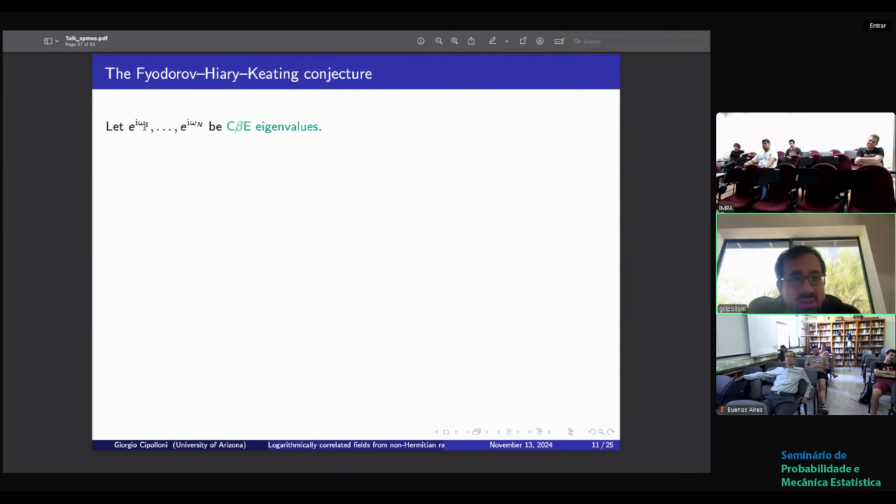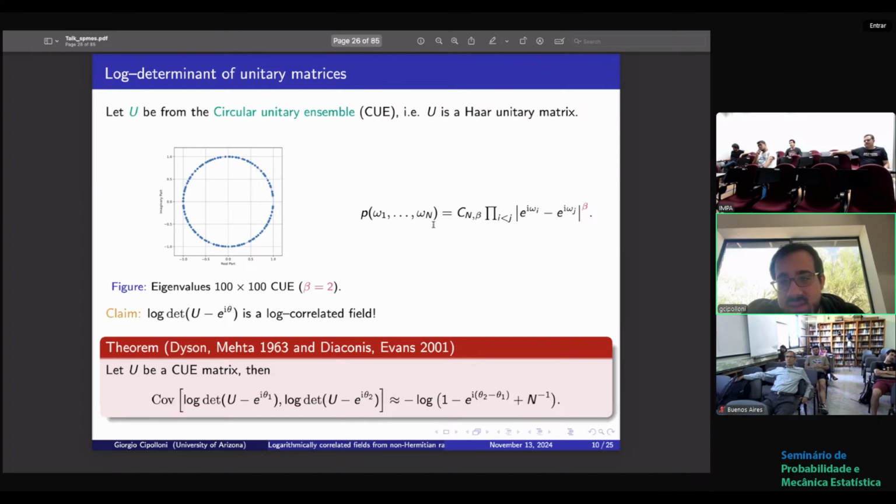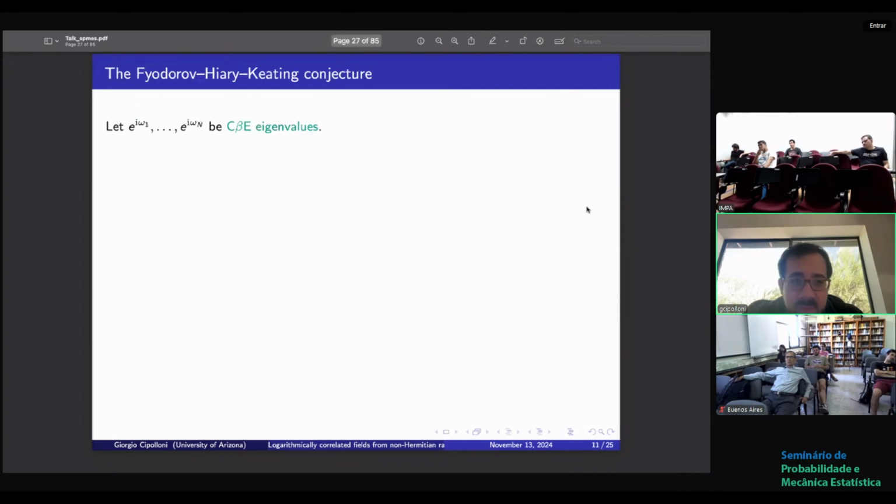So let's consider e to the i omegas, which are C beta eigenvalues. By that, I mean just that the e to the i omegas are distributed according to this distribution for some beta.